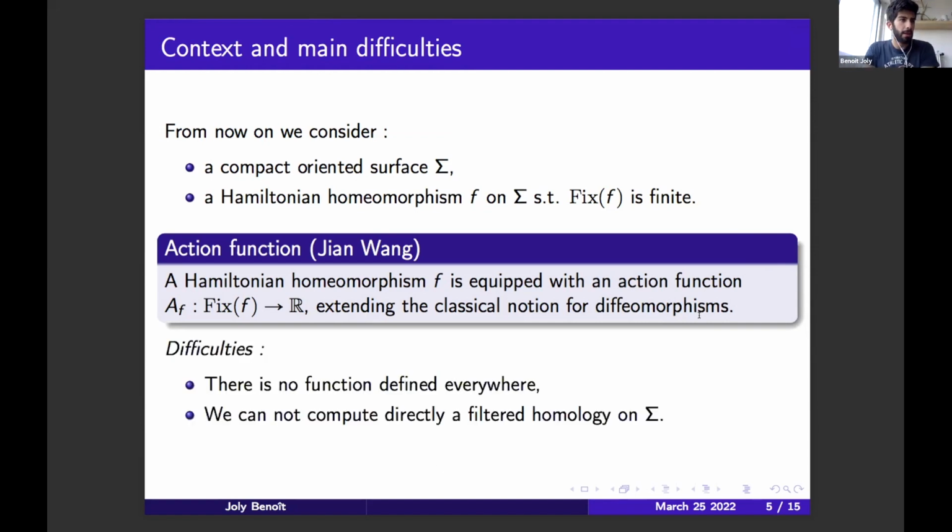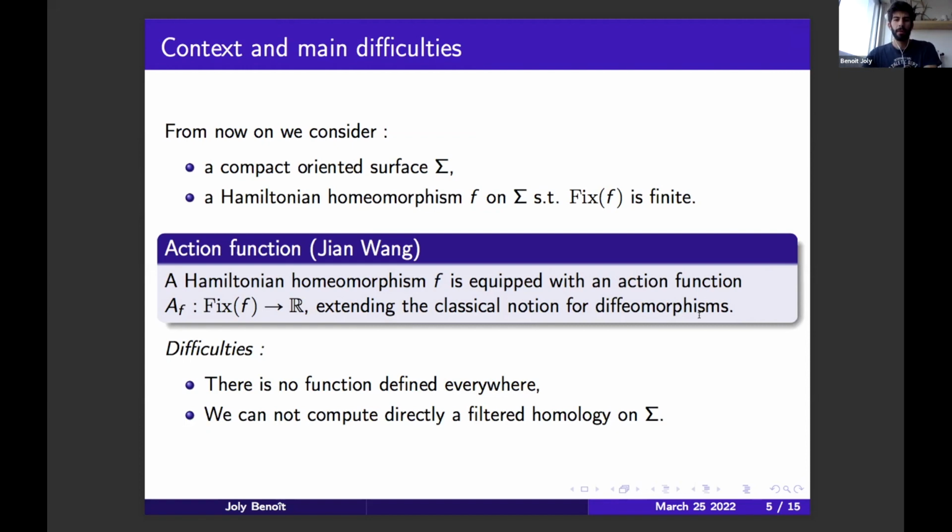Some difficulties remain to construct a barcode, which is that we have no function defined everywhere. For example, in the Morse case, we have a Morse function defined everywhere, so we can consider the sublevels and compute the filtered homology of the sublevels. For Floer homology, we have a Hamiltonian function defined everywhere, and here we just have a Hamiltonian homeomorphism of a surface.